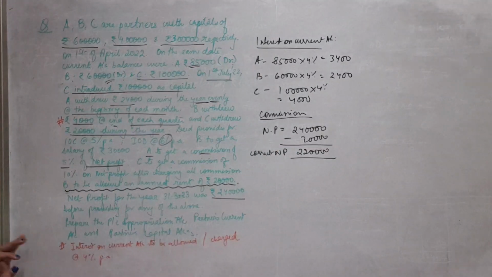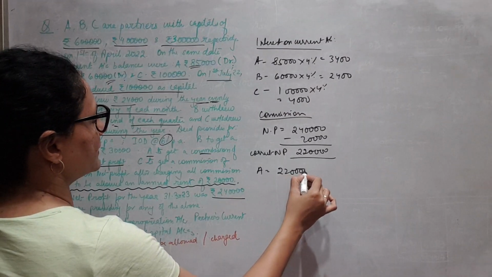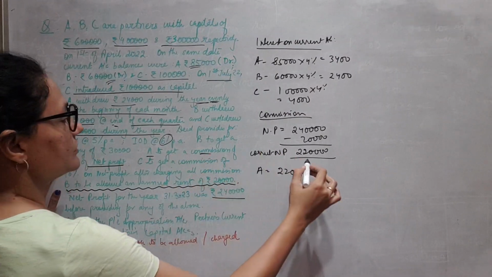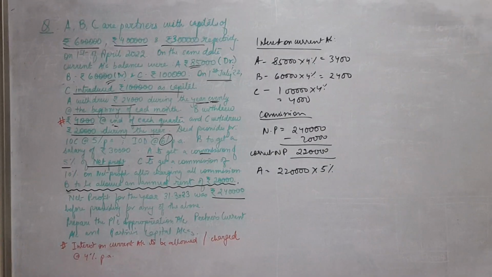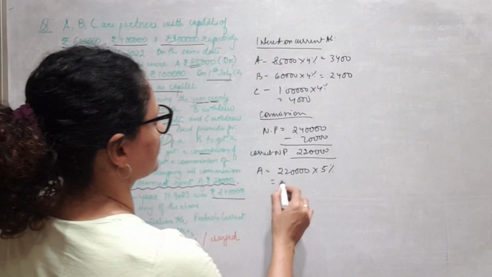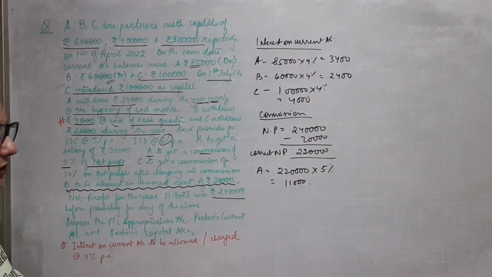Therefore A will get a commission of 5% on 2,20,000. Please make a note of that. So 2,20,000 into 5% comes to 11,000. Fine, that's for A.